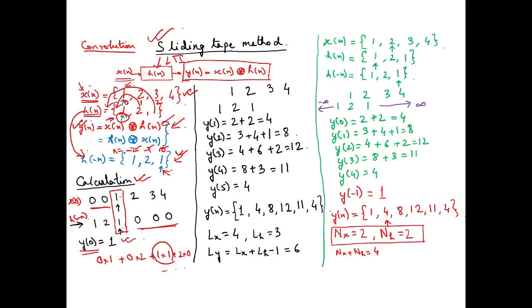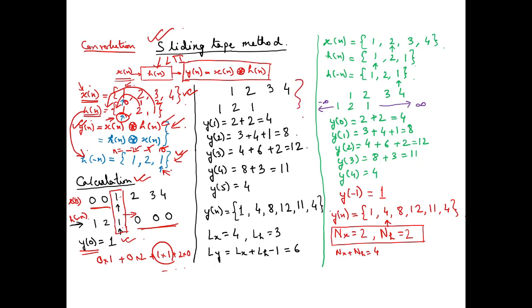Now next, as the name suggests, the sliding tape method. We are considering x of n and h of n to be the tapes. Now we will move any one of the tapes. We will consider h of minus n as the movable tape, and move it towards the right.